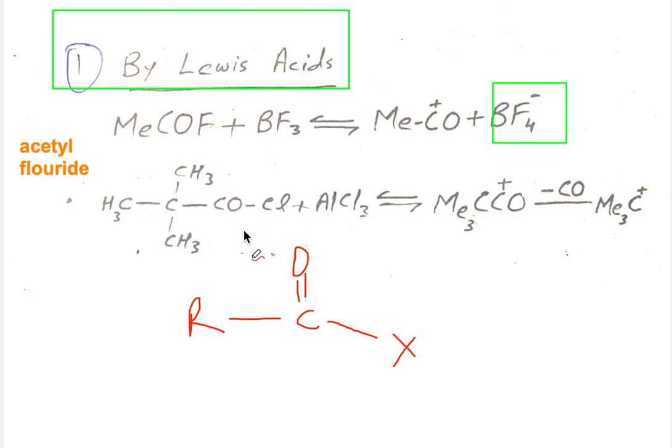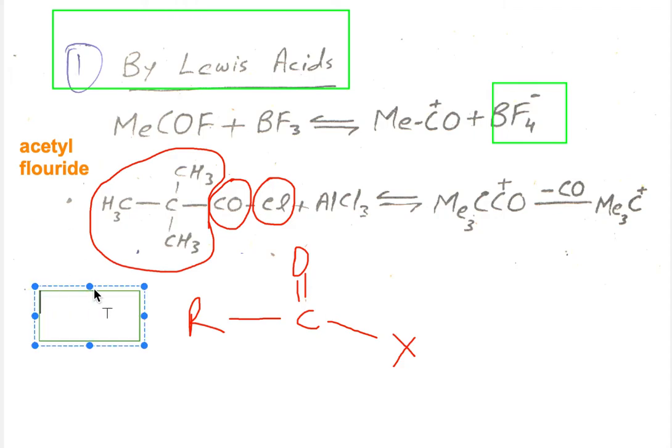In the next example, we have another example of an acyl chloride. If you see this part of the molecule, it is tertiary butyl. Next is the carbonyl group, characteristic of acyl compounds, and in the end we have chloride. So the combination of tertiary butyl and carbonyl here is termed as pivaloyl chloride.